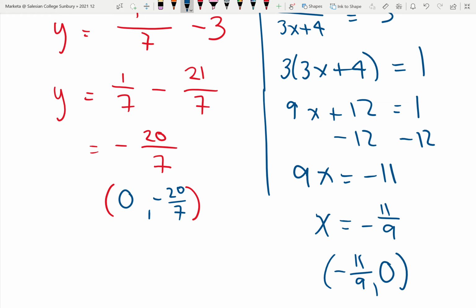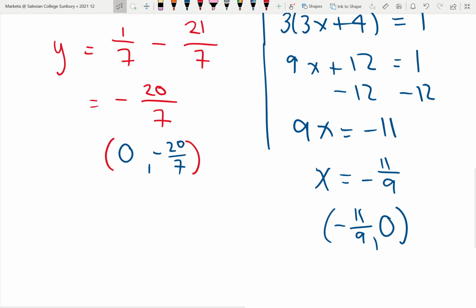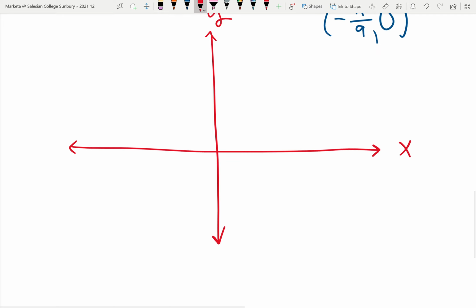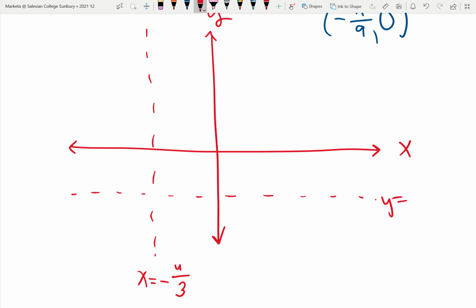So now that I've got those, I'm just going to redraw my hyperbola and put in all those features, so we can see it a little better. The first thing I had was a vertical asymptote, which was at x equals -4/3. And you want to label the asymptotes. I had a horizontal asymptote at y equals -3.